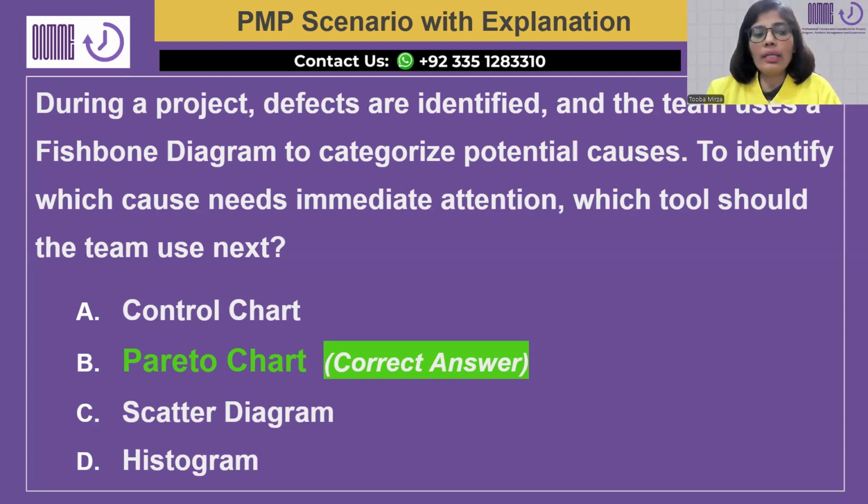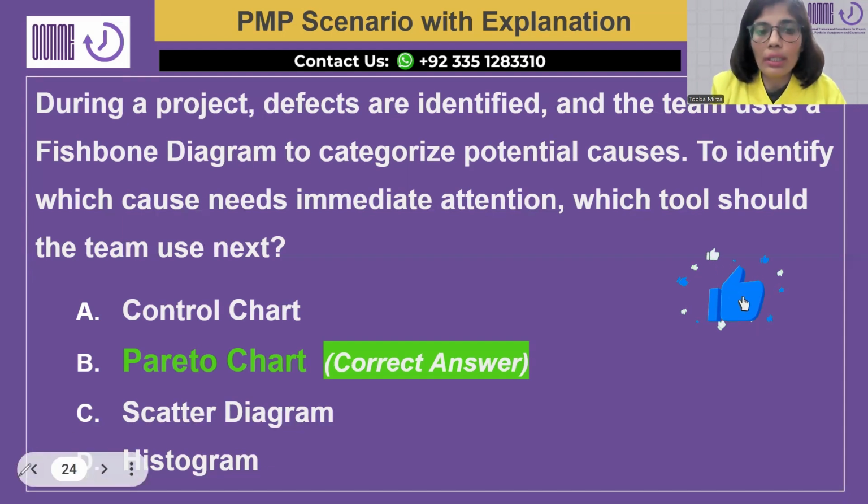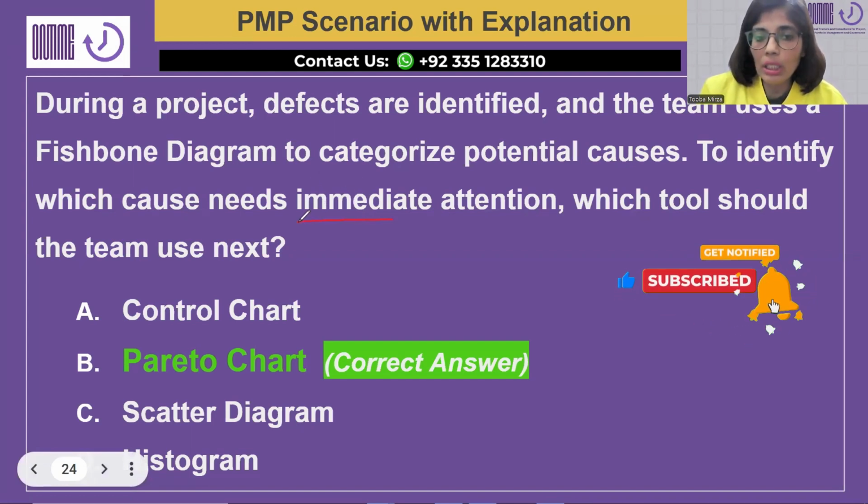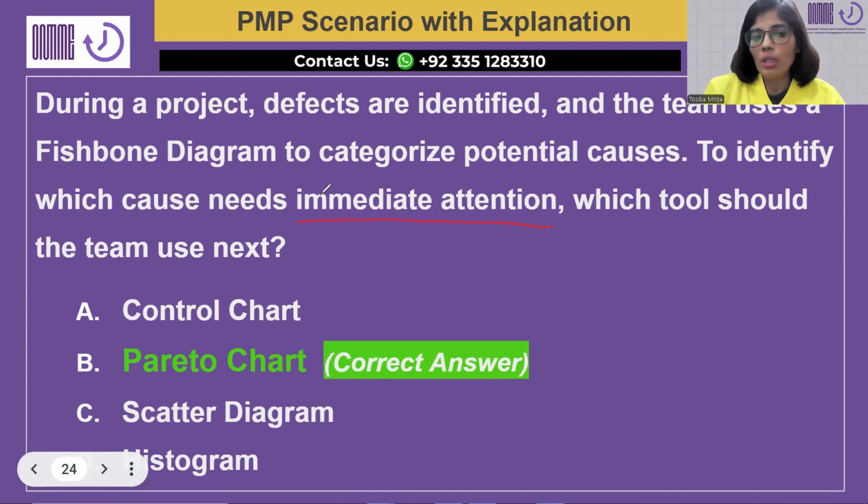The main keyword in this question which leads to the correct answer is those causes which need immediate attention.